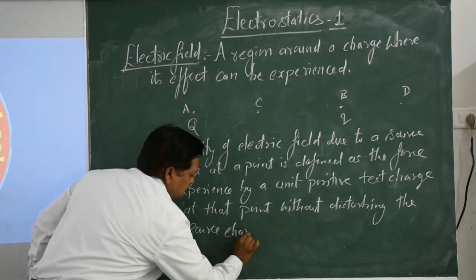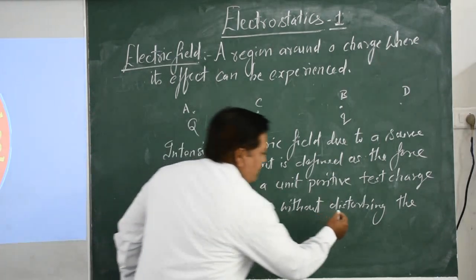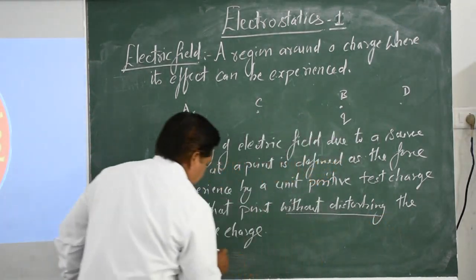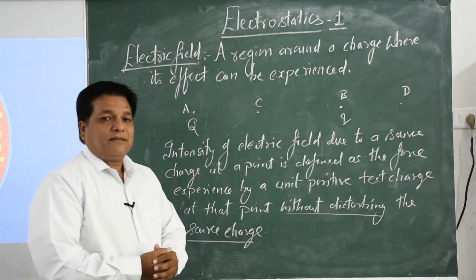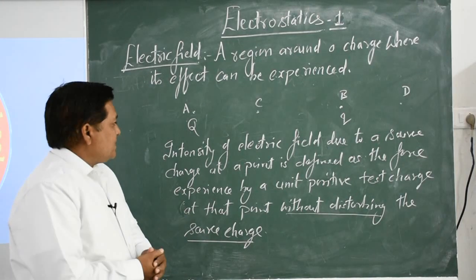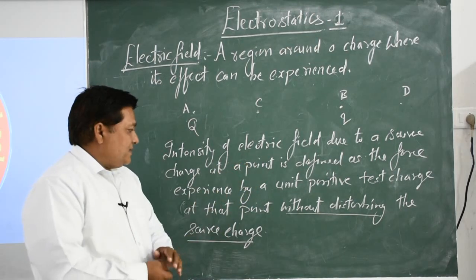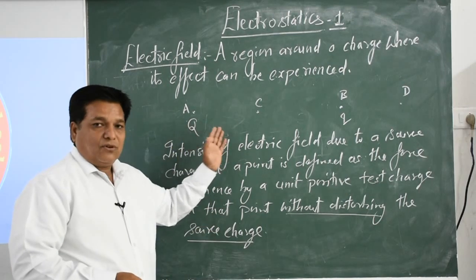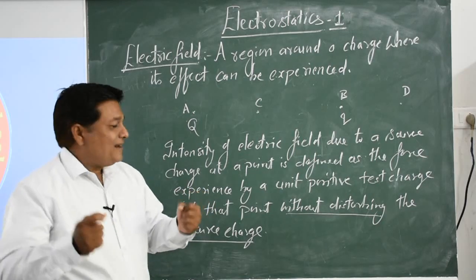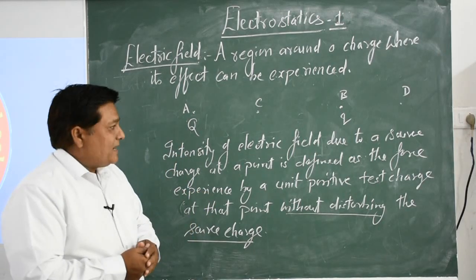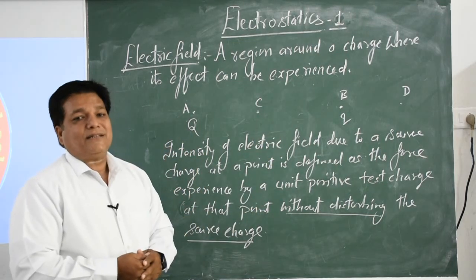What is the meaning of without disturbing the source charge? It is very important to understand this, students. When we take any test charge in the region of the source charge, the magnitude of this test charge should be very less than the source charge, so that the source charge will not be disturbed by the test charge.